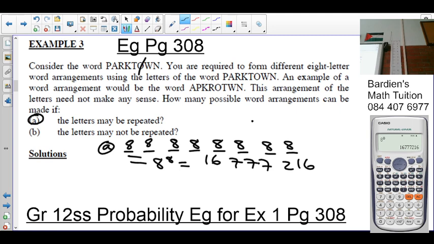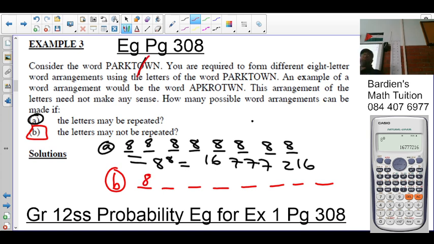Okay. Let's look at B. The letters may not be repeated. If the letters may not be repeated, how many bits do you think I would have here? 8, yes. How many options do I have in the first bit? 8. Now if I chose that O, can I choose it again?